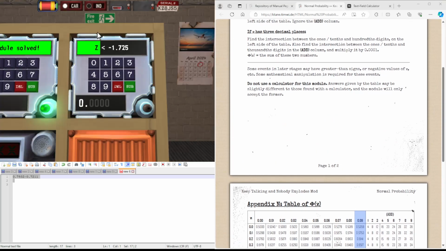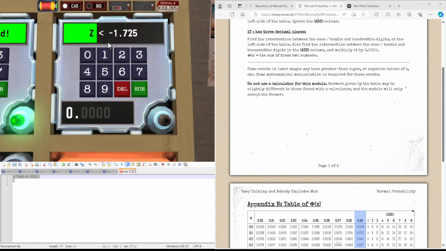There's a chance that you can get a greater than sign appearing here. If you get a greater than sign and a negative number, you can just pretend that it's just a normal question. You can just do z is greater than the positive version, if z is less than the positive version, yeah. I think you can do that.